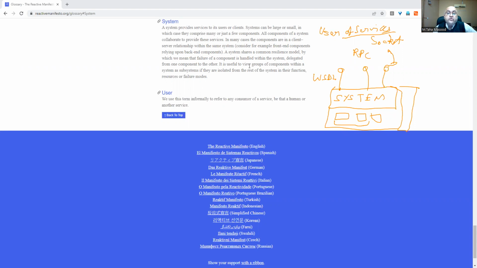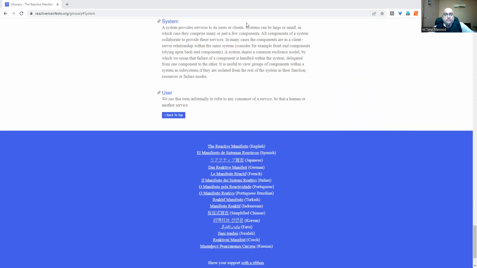It is useful to view groups of components within a system as subsystems if they are isolated from the rest of the system in their function, resources, or failure modes. So this is a bit loaded. Let's break it down.